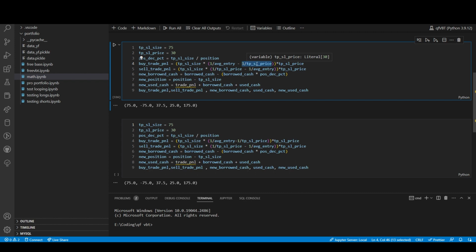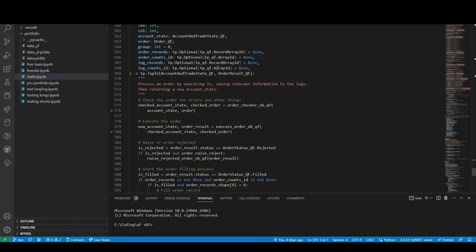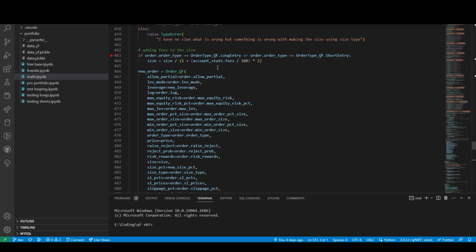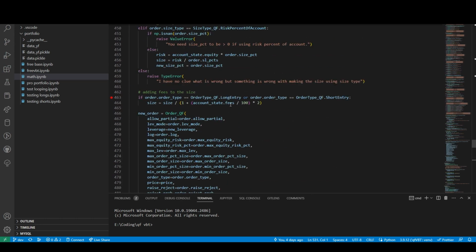But the only other problem is that it doesn't actually come out to be exactly 2 times the leverage. So the fees can get a little bit weird that way. But I think having that at the very bottom kind of works.